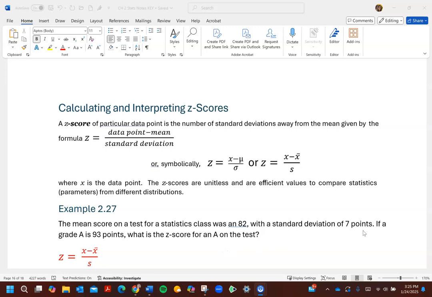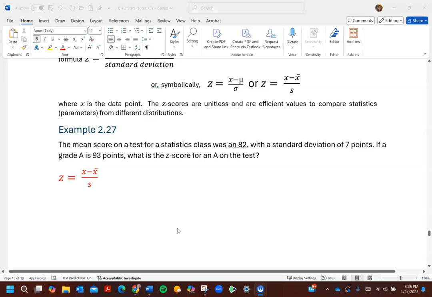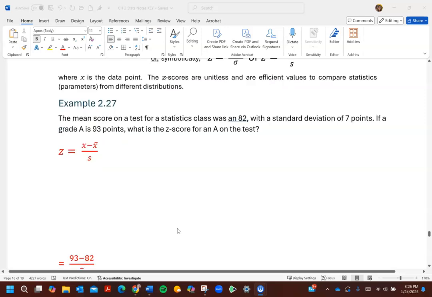So you can kind of eyeball it and think, well, if I added 7, I would get 89, so I need a little bit more than 1 standard deviation, right? So here's our formula, so always write the formula down. And then I've already filled this in, but if you want to start filling it in, you can make sure you can get that number crunched.